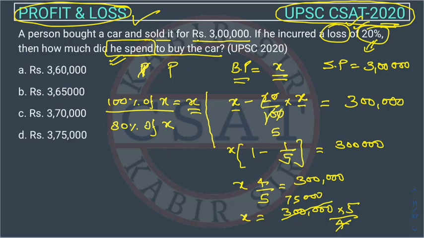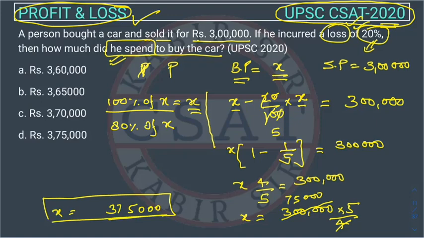So what will be the price of x? This is 3,75,000. So this is the x.